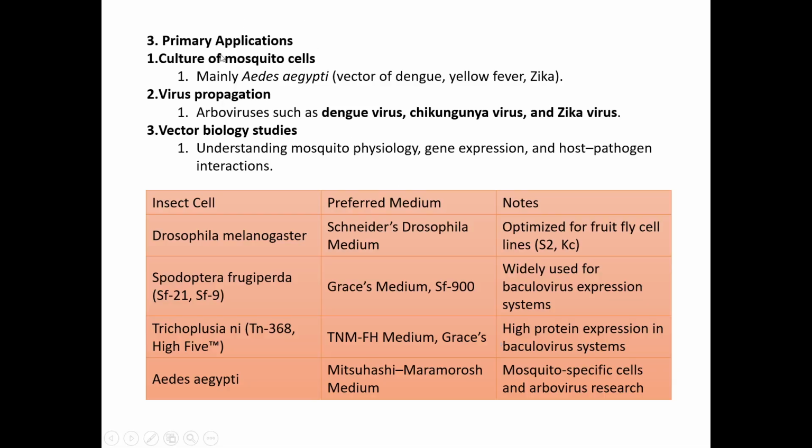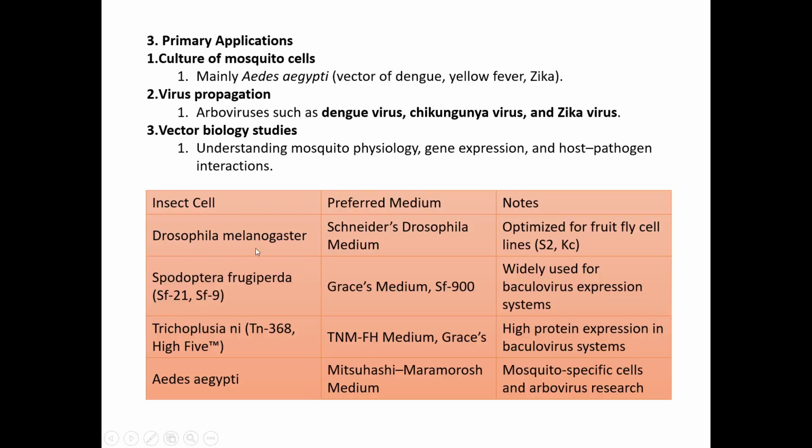So the primary applications are culture of mosquito cells, mainly Aedes aegypti, vector for dengue, yellow fever, and Zika. Virus propagation of arboviruses such as dengue virus, chikungunya virus, and Zika virus. Vector biology studies to understand the mosquito physiology, gene expression, and host pathogen interactions.